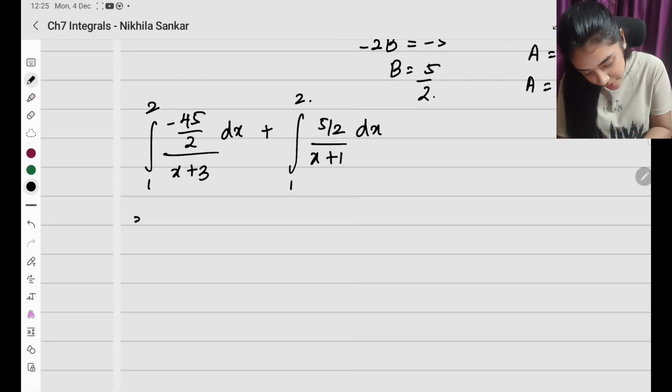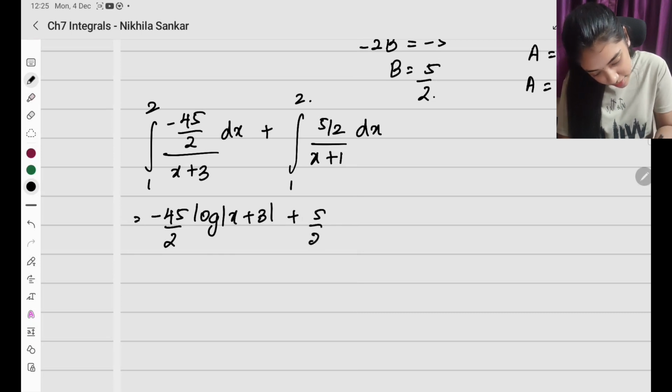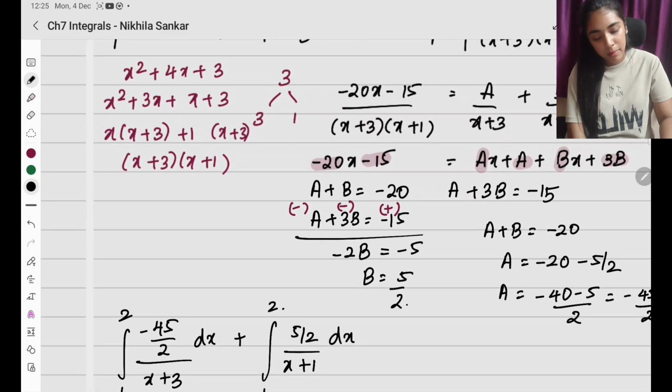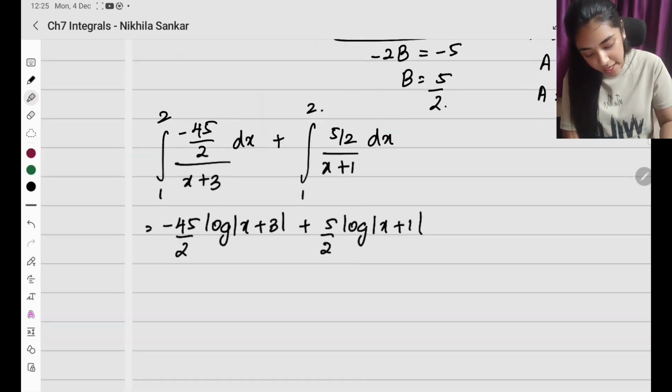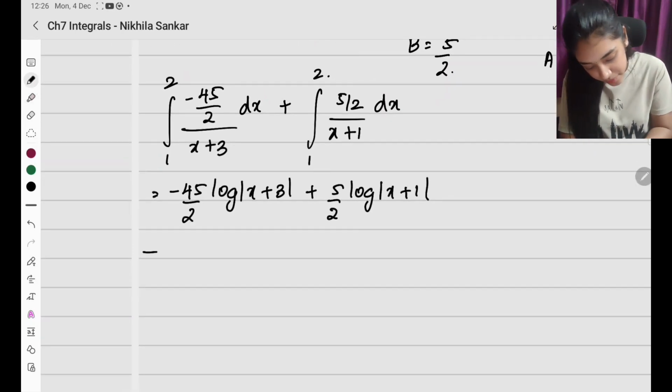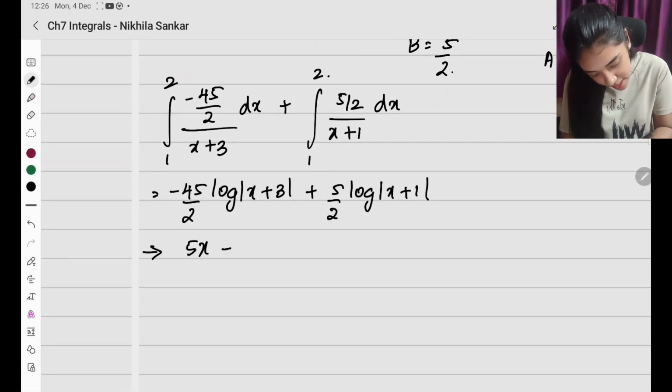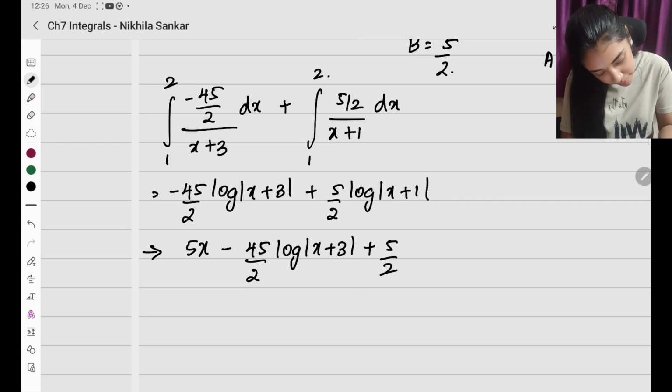So here this becomes minus 45 by 2 log mod x plus 3 plus 5 by 2 log mod x plus 1. But remember you have a 5x from here, so I'll add that in the end. So my final expression now looks like 5x minus 45 divided by 2 log mod x plus 3 plus 5 by 2 log mod x plus 1.